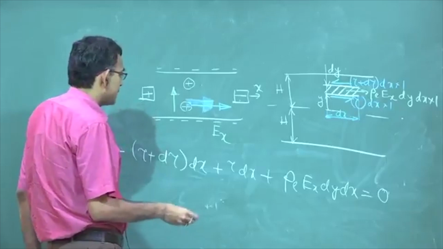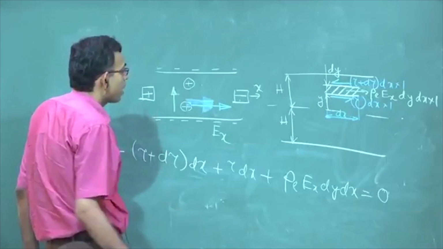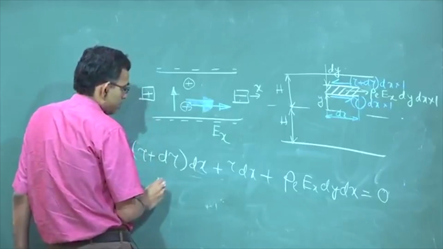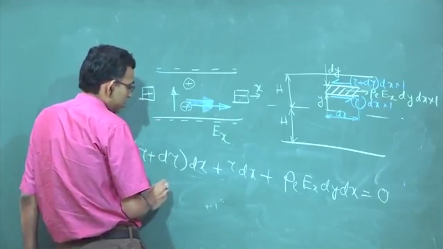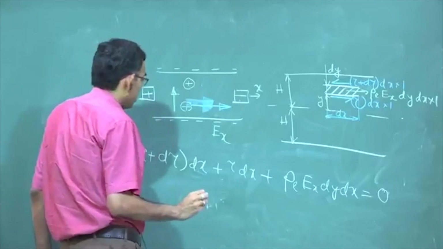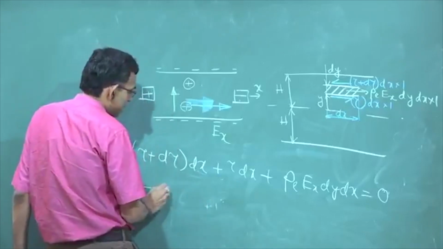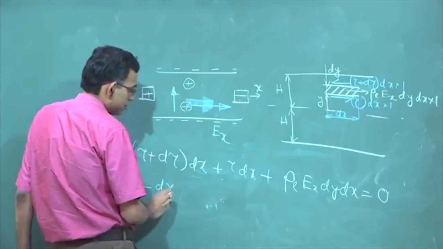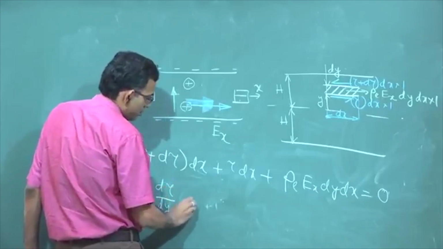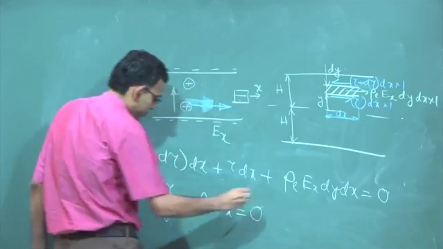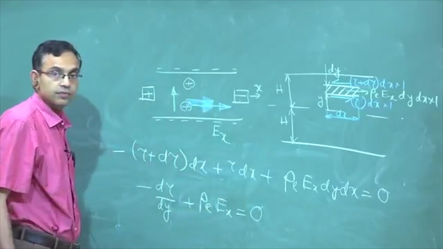So you can write that minus d tau by dy plus rho e into Ex equal to 0. Okay.